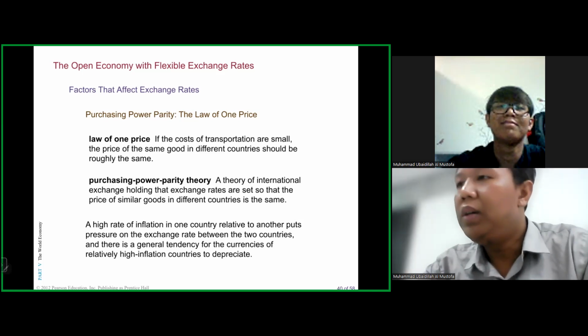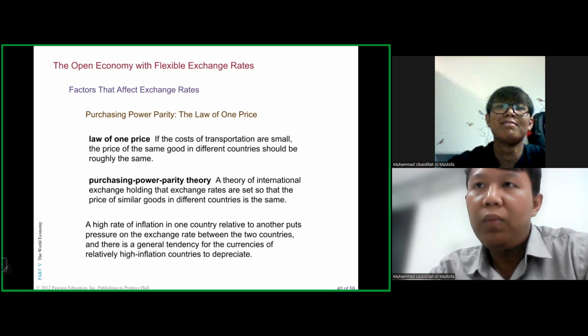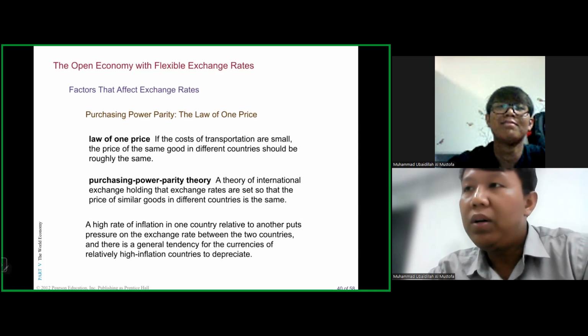So if there is no transportation cost, the price of the same good, for example a bottle of mineral water, should be roughly the same from one country to another.